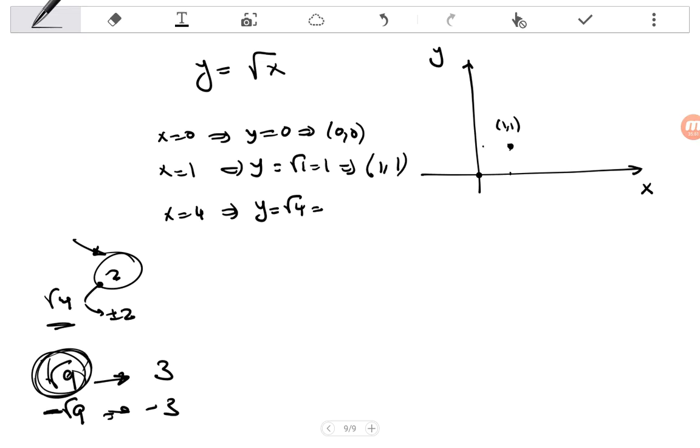But because the square root of 9 has only one value, positive 3, to express the negative value I say negative root 9. So y equals root 4, which gives me 2. So I have a new point here, which is 4 and 2.